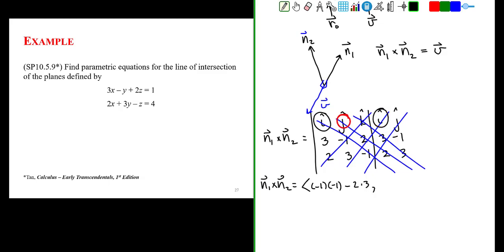The y component is similar. I'm going to take the product of 2 and 2 and subtract the product of 3 and minus 1. For the z component, I'm going to take the product of 3 and 3 and subtract the product of minus 1 and 2.